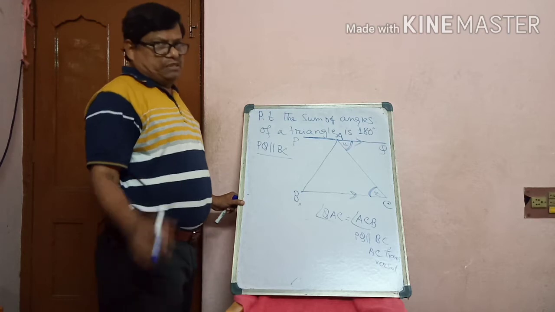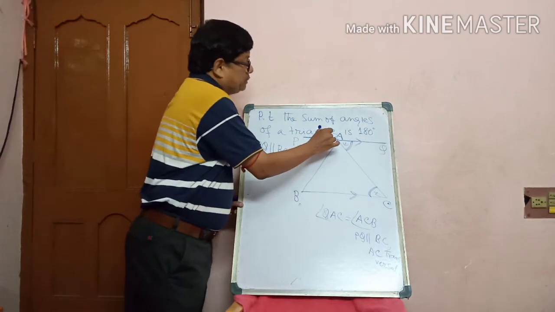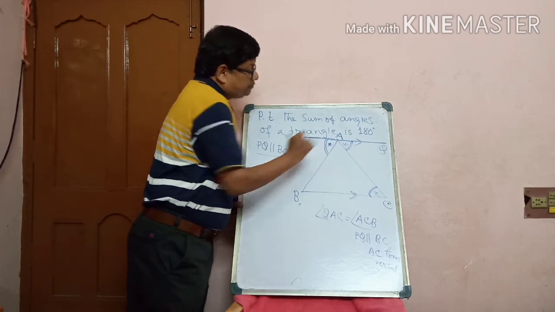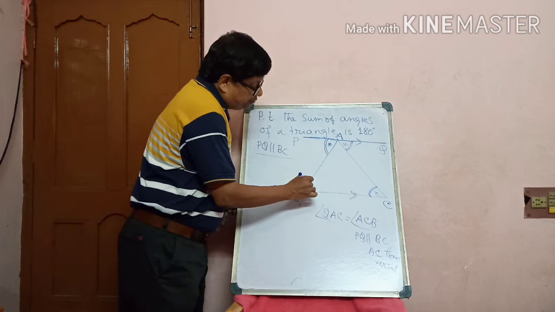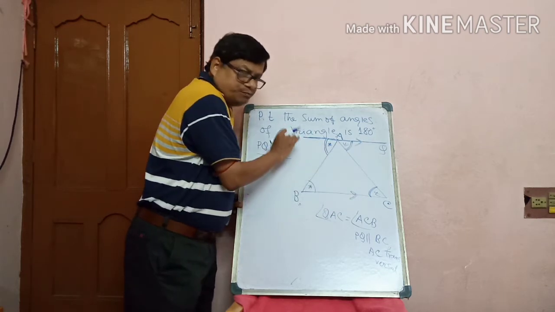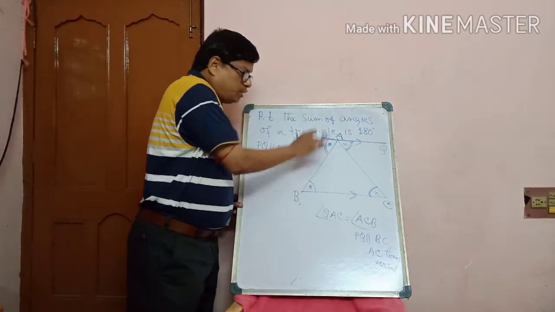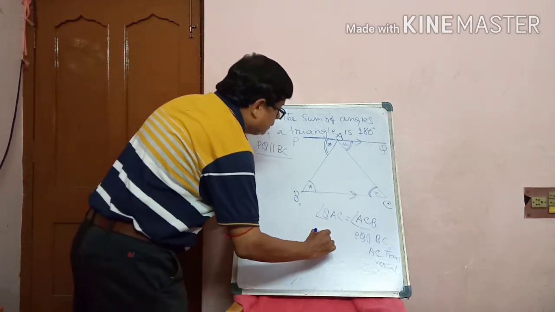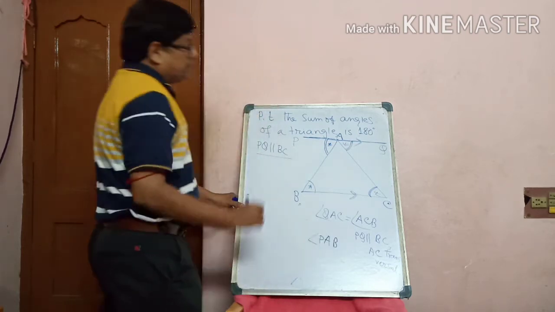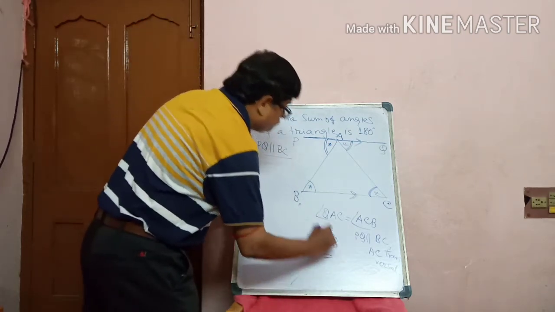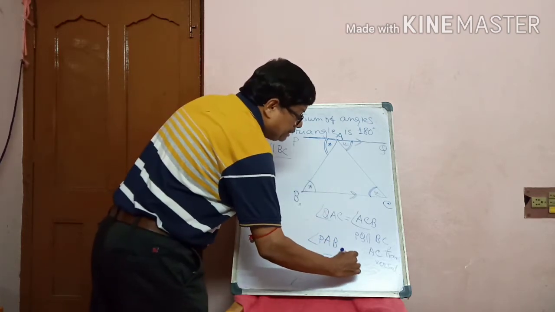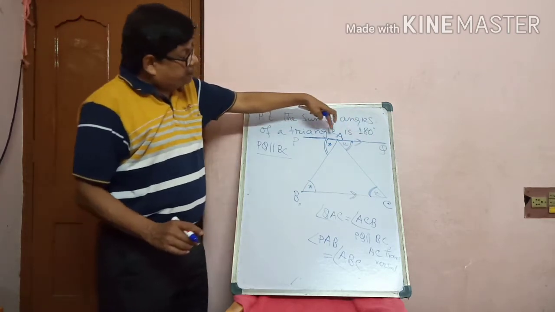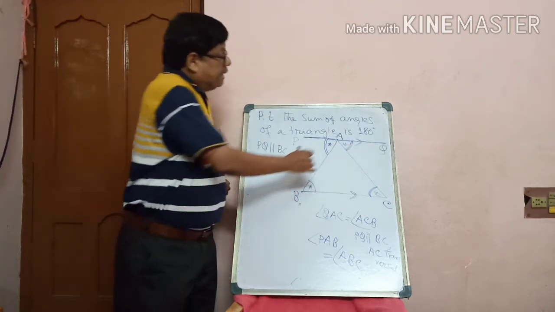Again, in a similar way, this angle, give star marks, is always equal to this angle, because these two are parallel, then alternate angles are equal. So we can write PAB equal to ABC. Similarly you also have to write, PQ parallel BC and AB is the transversal.